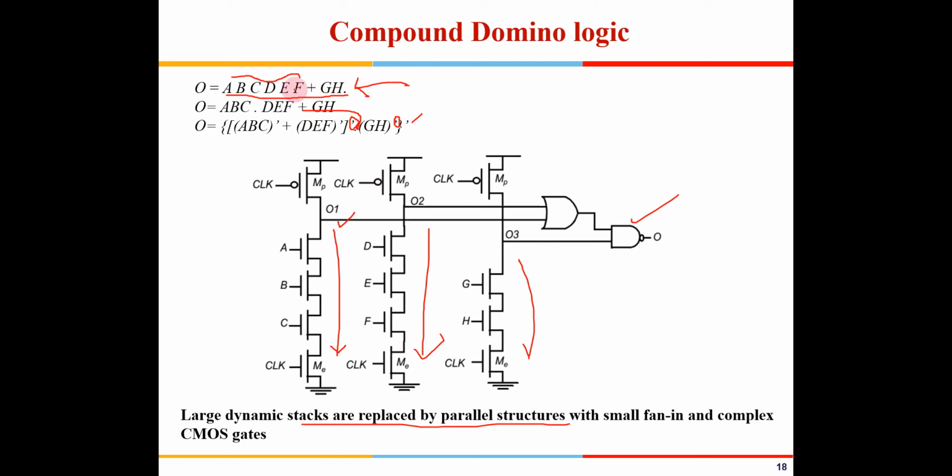Maybe because this is implementing a positive logic, okay. So essentially finally you are using an OR gate out here, and instead of an inverter you have a NAND gate out here, right? So it is coming out finally as a positive output, right? So that is the reason it is known as compound domino logic.